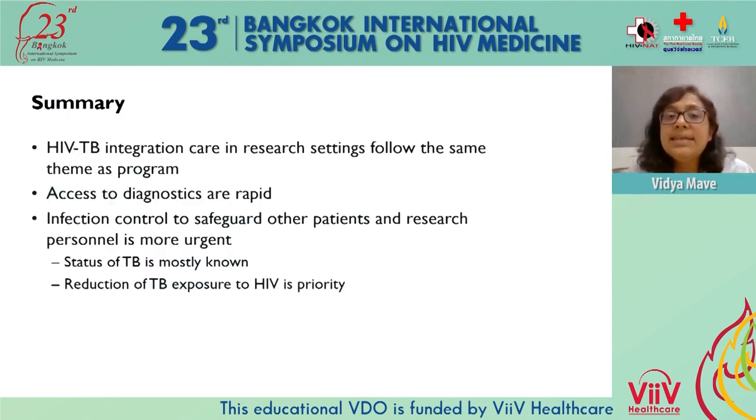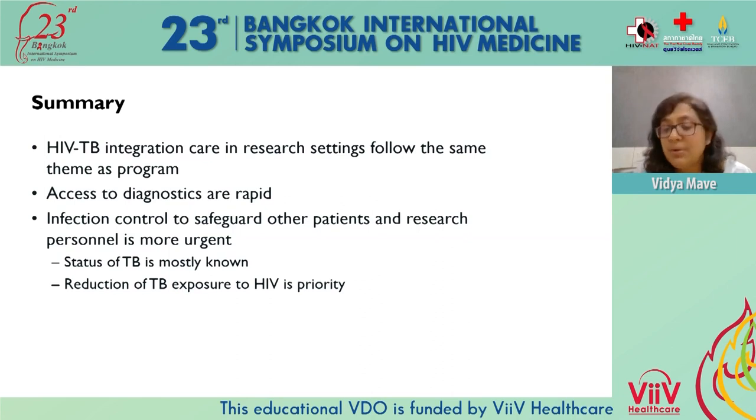So in summary, HIV-TB integration in a research setting also follows the same theme as programs, where both HIV and TB care are provided, or at least the diagnostics are provided in a rapid manner. Access to diagnostics is pretty fast because that is mandated by the research protocols.